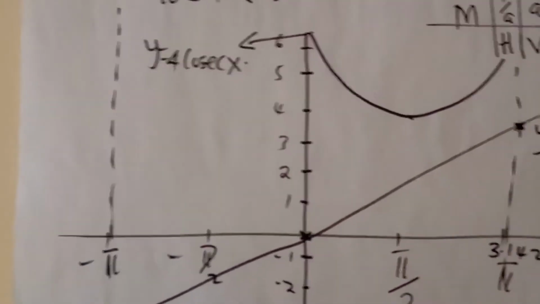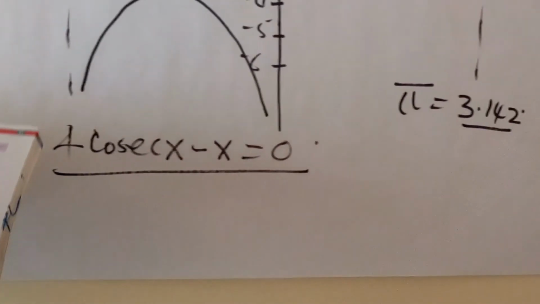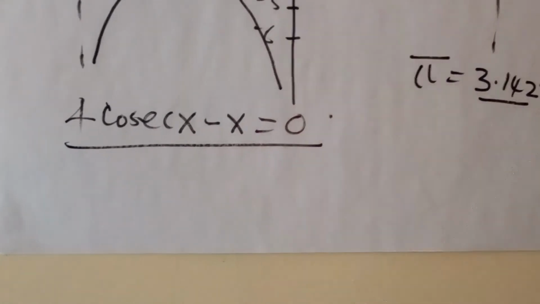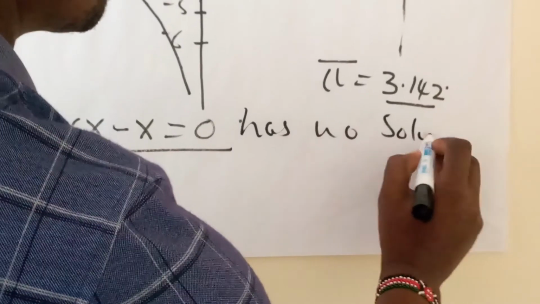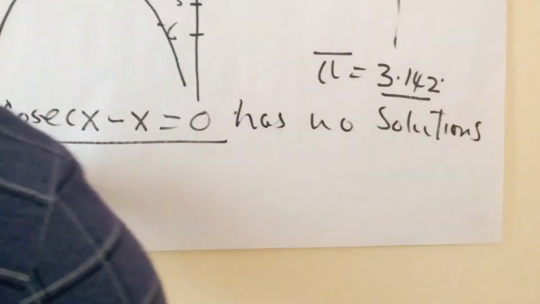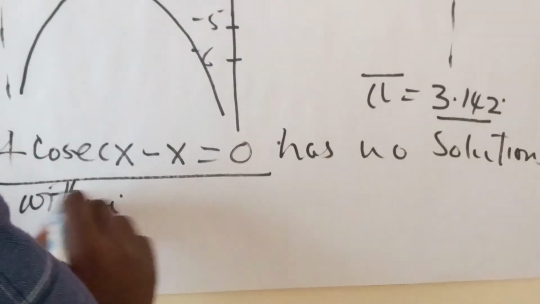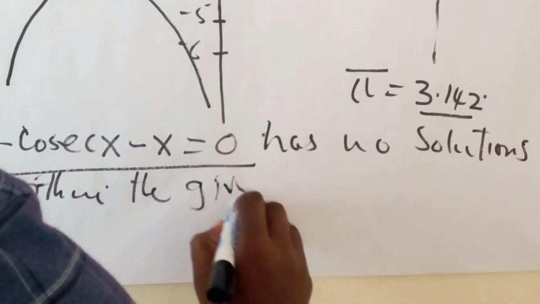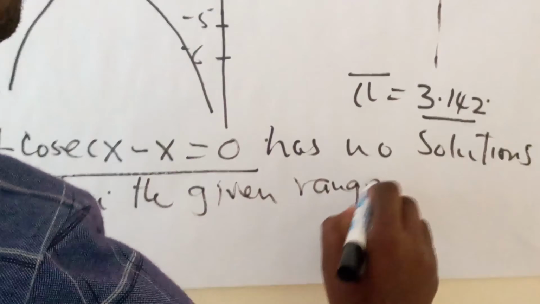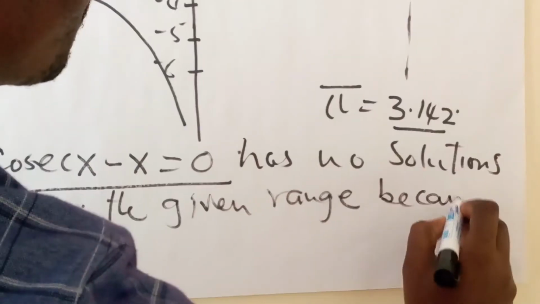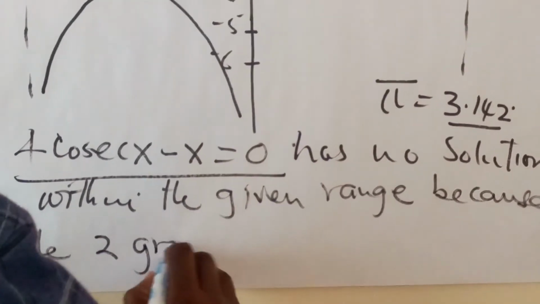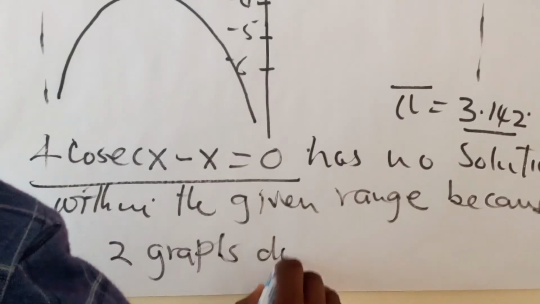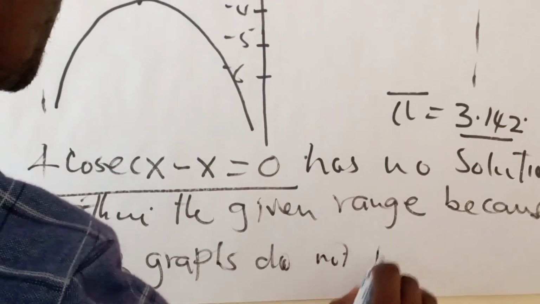Within this kind of range, the two graphs do not intersect. And therefore, the equation has no solutions in the given range, because the two graphs do not intersect.